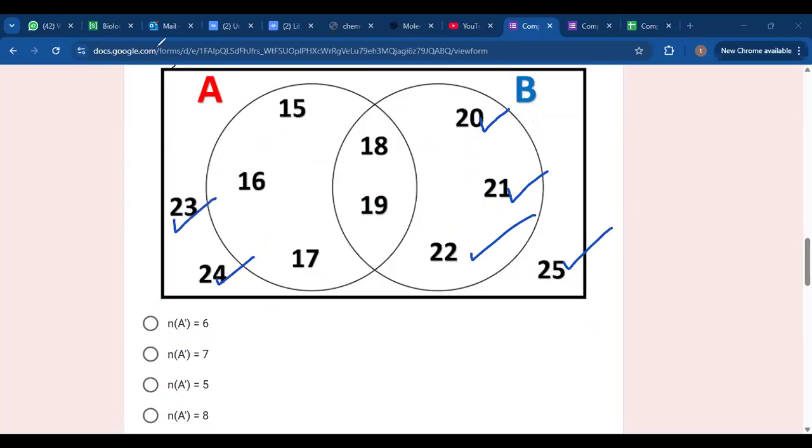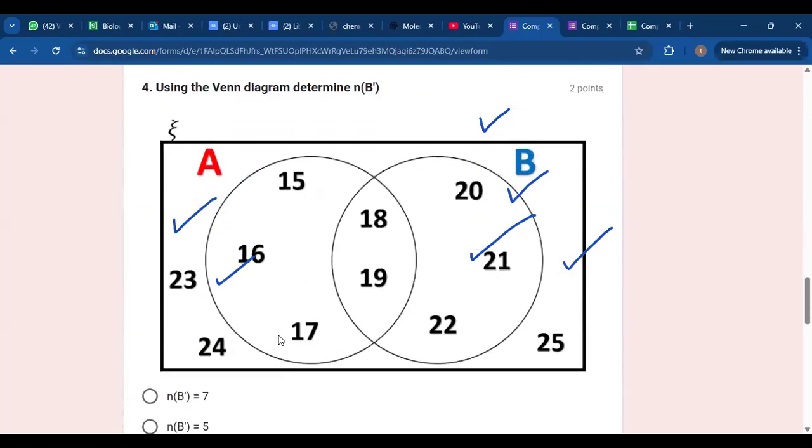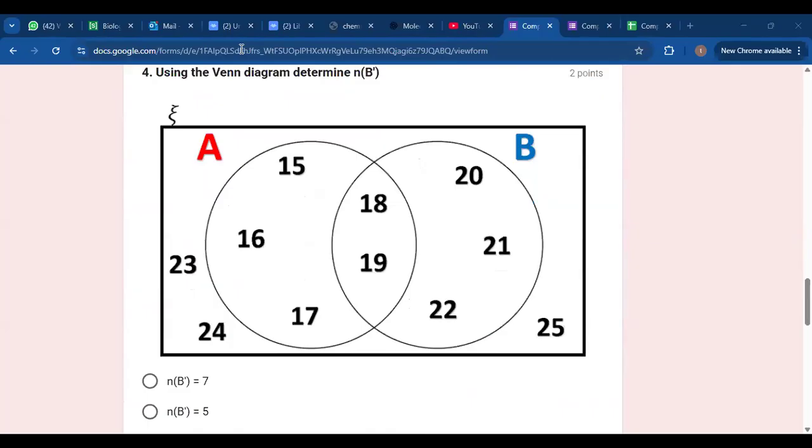The answer is 6. And then the number of elements in B complement. Clear drawings. In B complement, the ones that are outside of B: 1, 2, 3, 4, 5, 6. So 6 again.